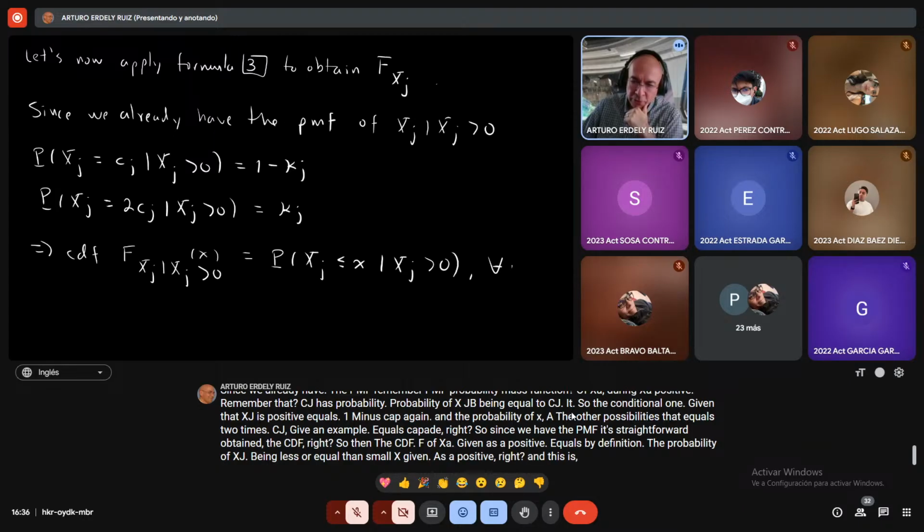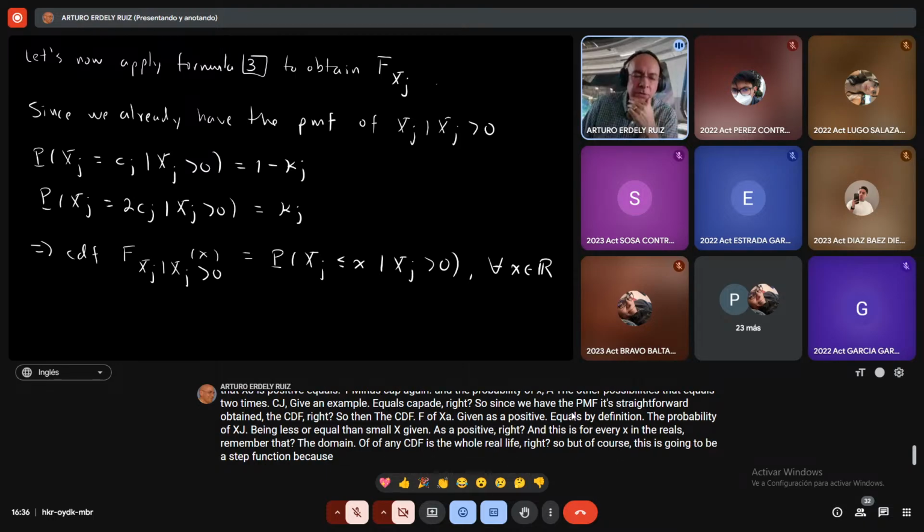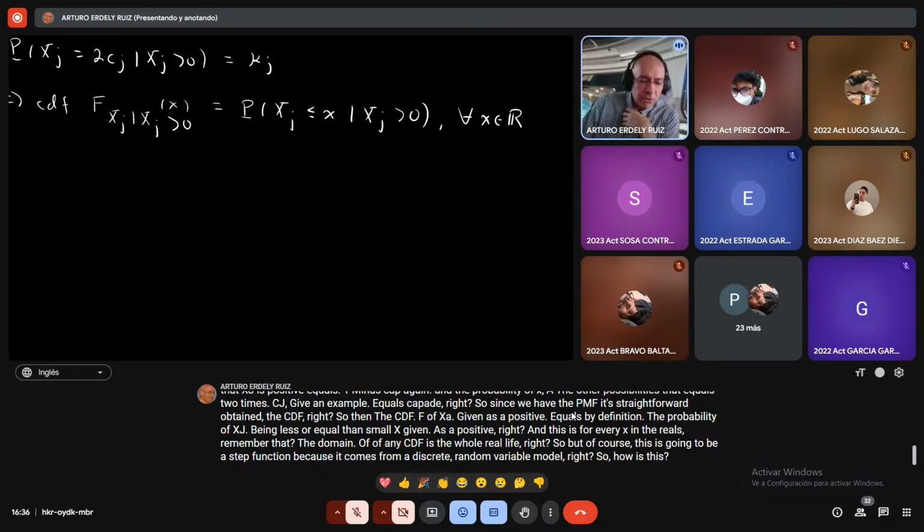And this is for every x in the reals. Remember that the domain of any CDF is the whole real line, right? But of course, this is going to be a step function because it comes from a discrete random variable model, right? So how is this going to behave?